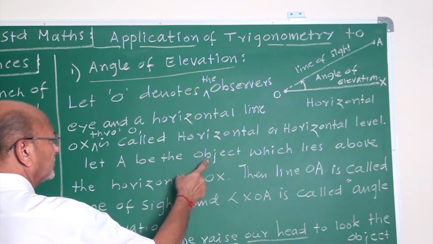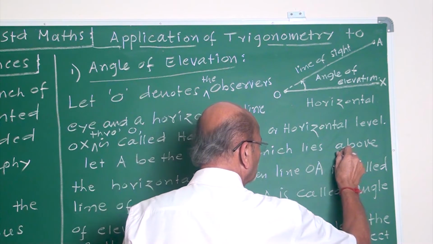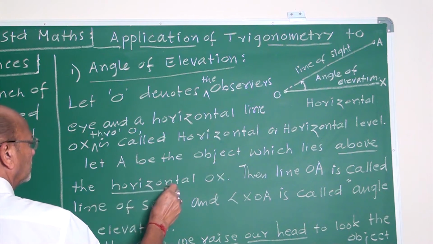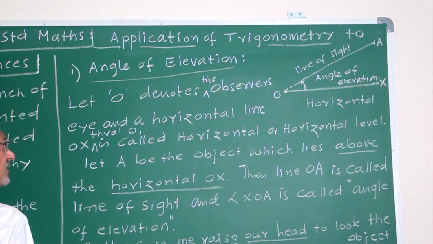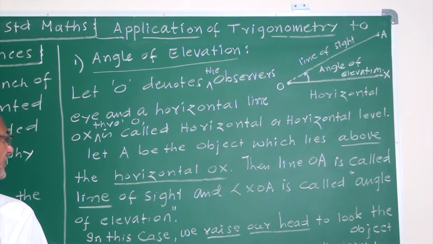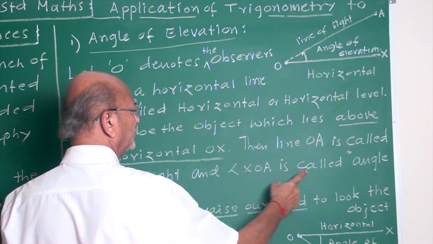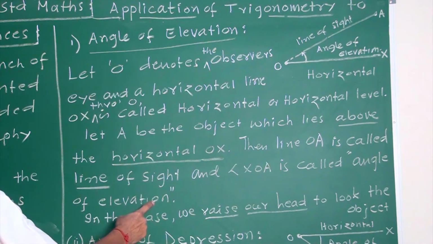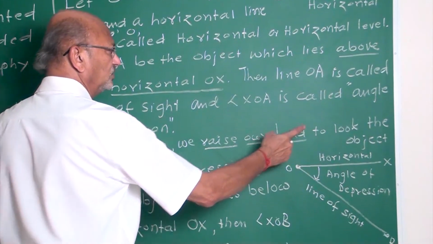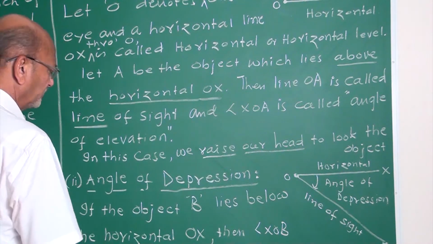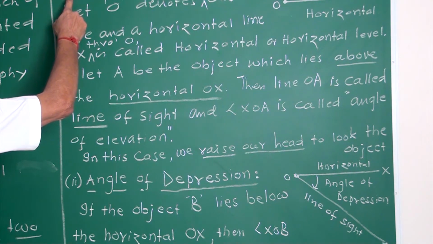If A is the object which lies above the horizontal line OX, then the line OA is called the line of sight, and angle XOA is called the angle of elevation. In this case, we raise our head to see the object. This is one, my friends, which is the angle of elevation.